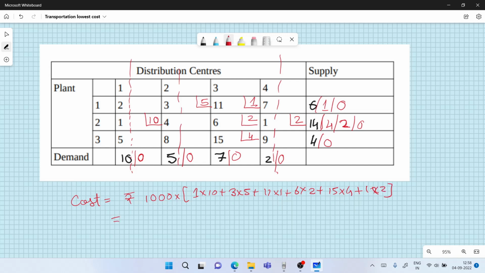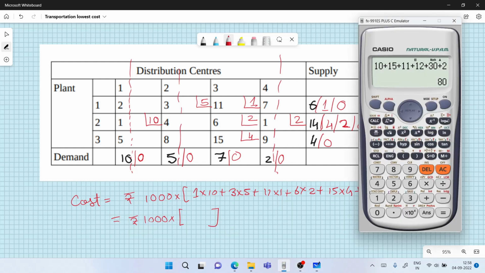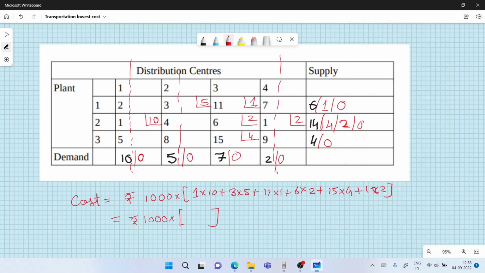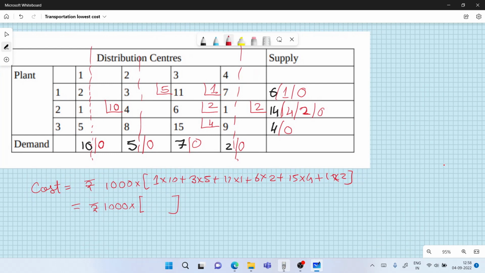So that's going to be rupees 1000 into. So let's call up our calculator. Delete all that we have. Okay. So that's going to be now, yes.